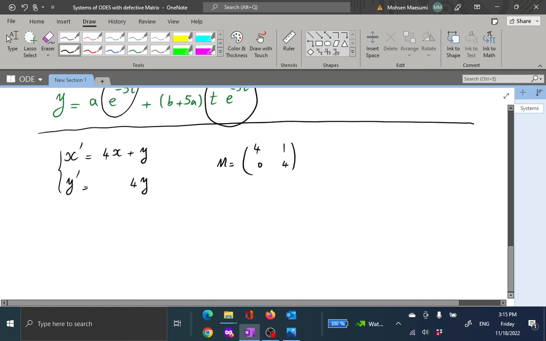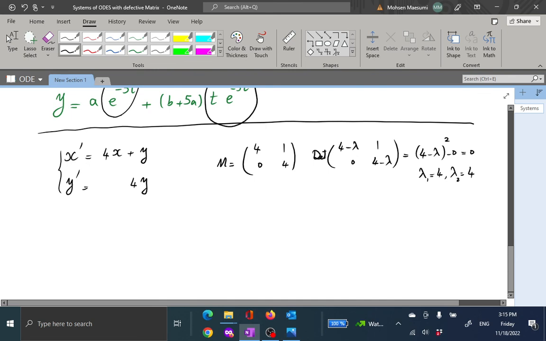So I go try to find the eigenvalues. 4 minus lambda, 1, 0, 4 minus lambda, and I calculate the determinant of this. The determinant is 4 minus lambda times 4 minus lambda, and the other two multiplied together become 0. And what's the problem now? So we have lambda 1 is equal to 4 and lambda 2 is equal to 4.